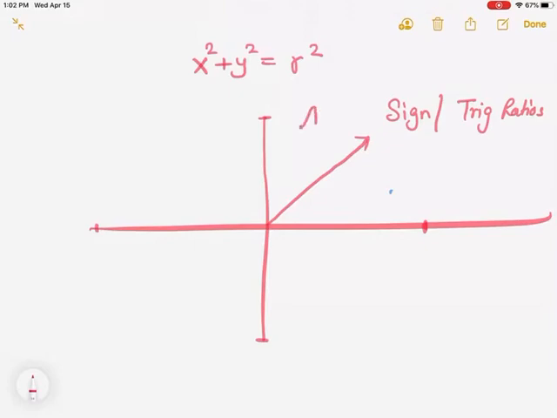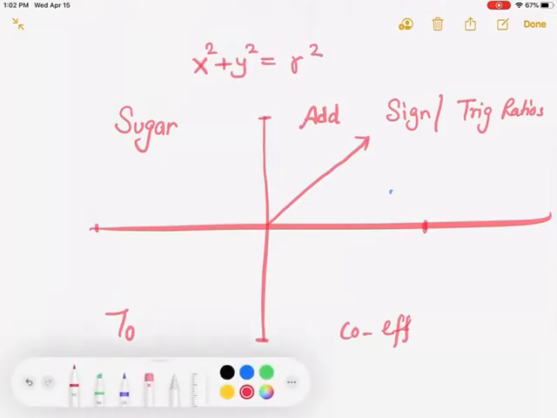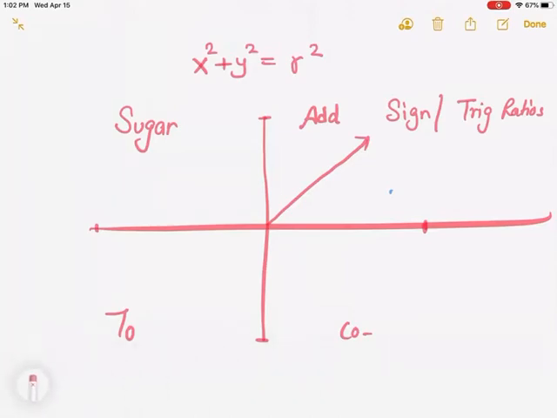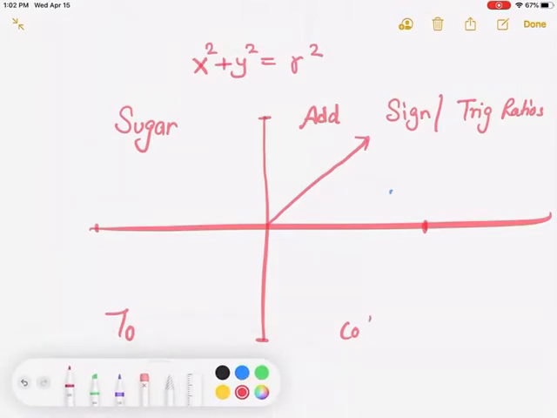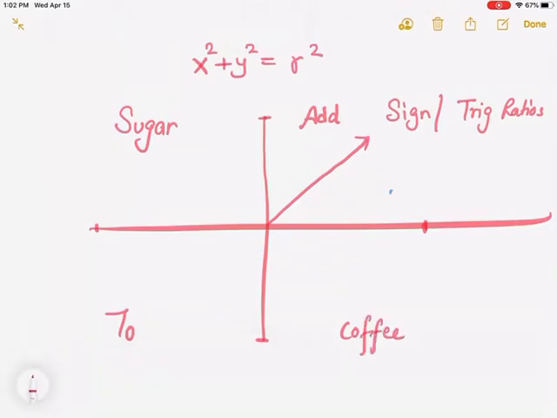So I would say: add sugar to coffee. Oof, what I'm writing. My bad. Add sugar to coffee. Okay, what is that?